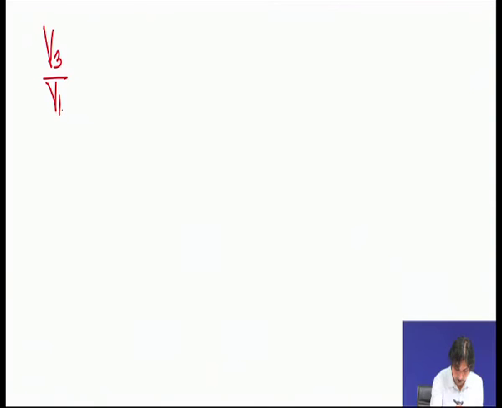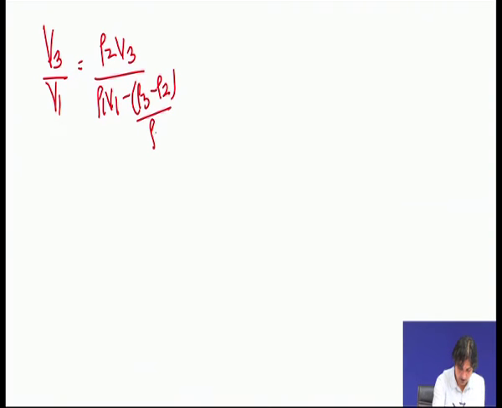So V3 by V1 is going to be rho 2 V3. We are just simply expanding this. Rho 1 V1 minus rho 3 minus rho 2 divided by rho 2. Okay.